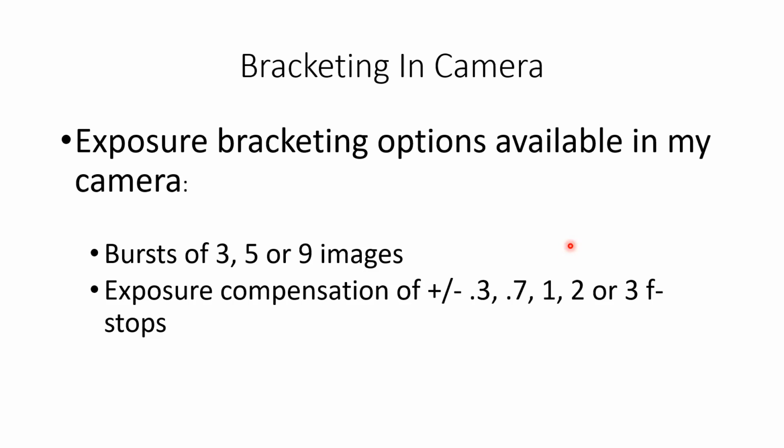But in any event, if you don't use the automatic camera settings, you would have to put your camera on a tripod securely and take one picture, manually adjust the exposure, take the second picture, and hope that you don't move anything.